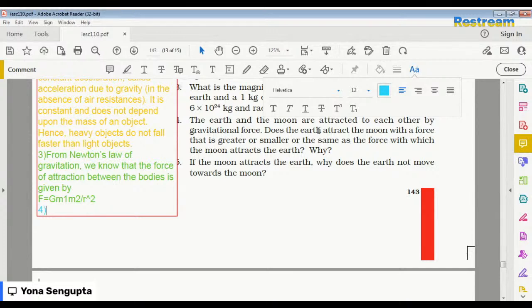As we know, when two objects attract each other, the gravitational force of attraction applied by the first object on the second object is the same as the force applied by the second object on the first object. So both Earth and Moon attract each other by the same gravitational force of attraction, right?